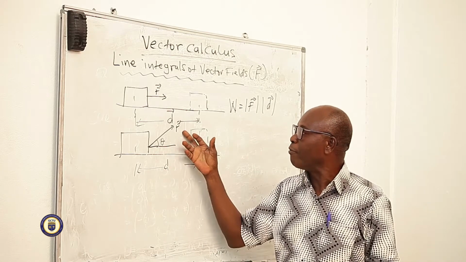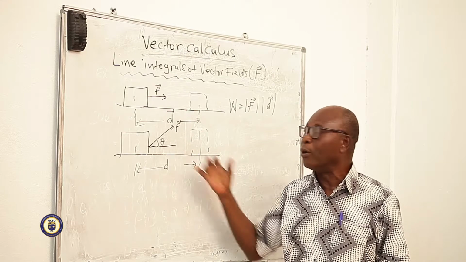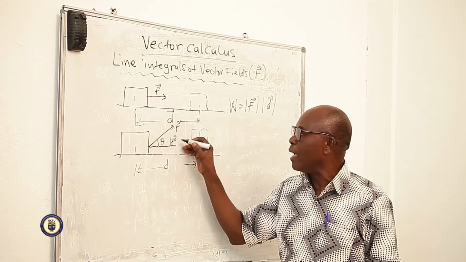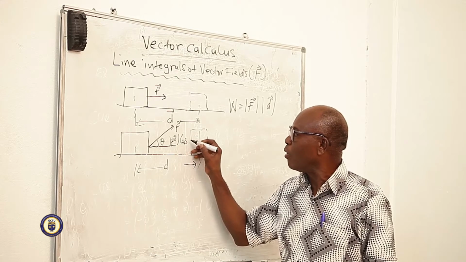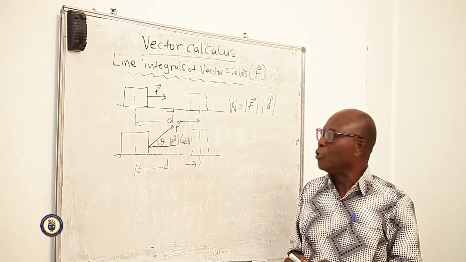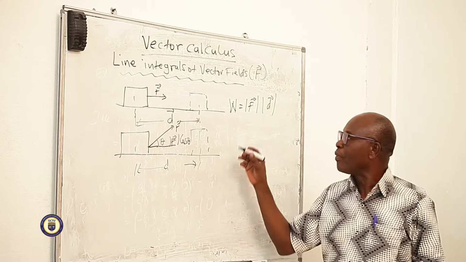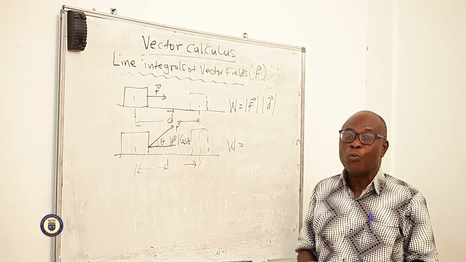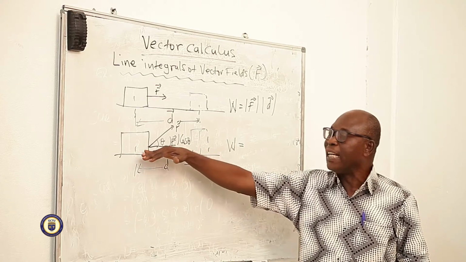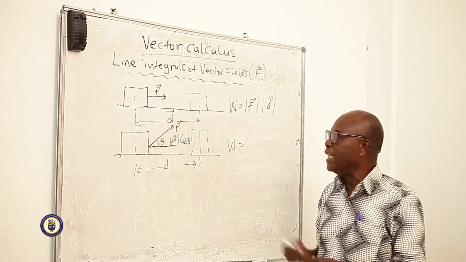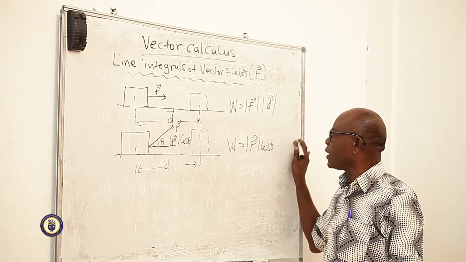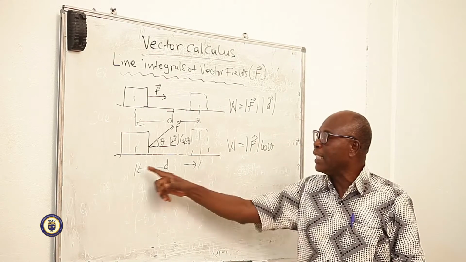So the force F, its horizontal component, is given as the absolute value of F times cos of the angle theta. And so in this situation, our work W is given by the force which acts in the horizontal direction, which is the magnitude of F cos theta, times the distance that it traveled.